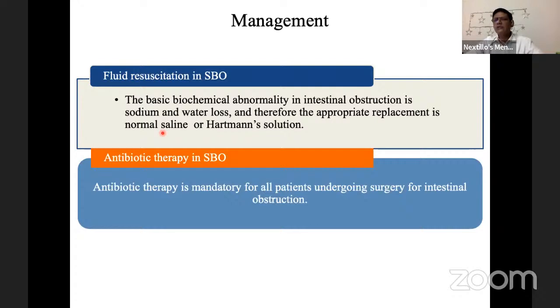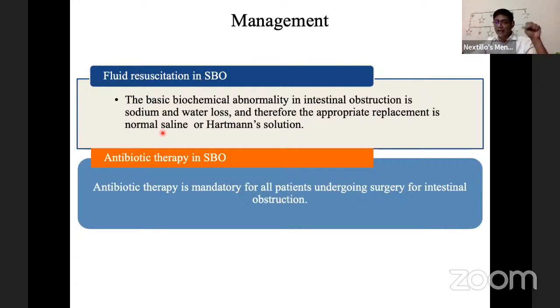The reason is that we are trying to decrease the chances of sepsis. This is just a prophylaxis. So this is small bowel obstruction. Once again, very fast re-enumerating: we have mechanical obstruction and non-mechanical, dynamic and adynamic.